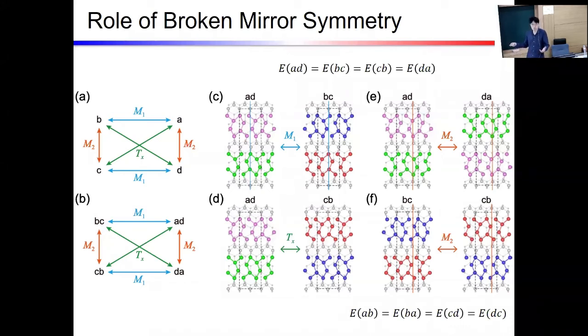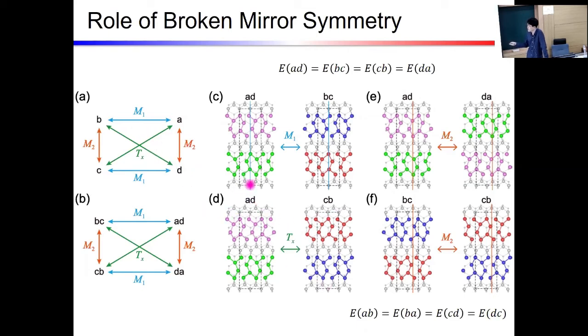So when using the DFT calculation, we only calculate this one, and then we know this one's energy. Another case is that this AD is transformed to DA through M2, so AD and DA are switched. A becomes D and D becomes A. And also, if you use translation, then A becomes C and D becomes B.